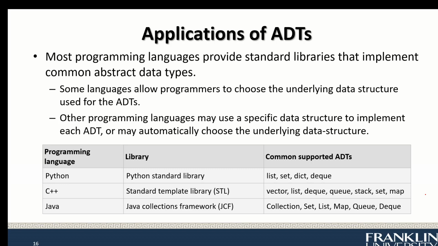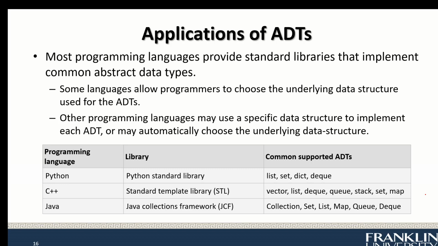And some languages allow programmers to choose the underlying data structure used for the ADT. Other programming languages may use a specific data structure to implement each ADT or may automatically choose the underlying data structure. Python has, as you have learned, list, set, dictionary, deque.